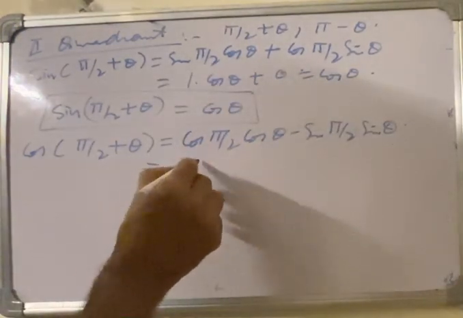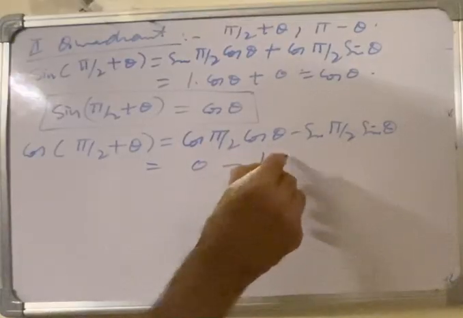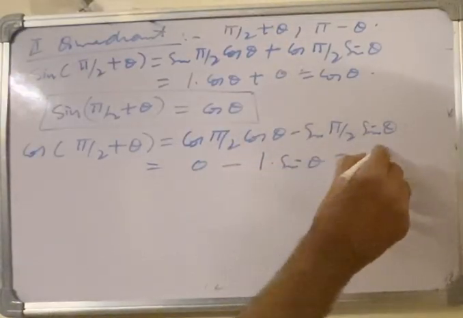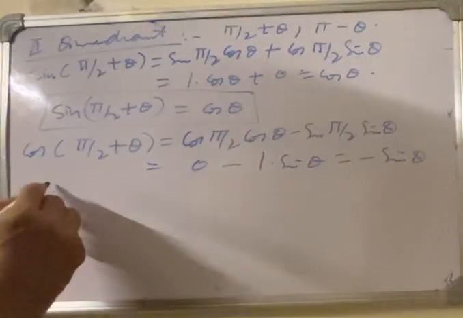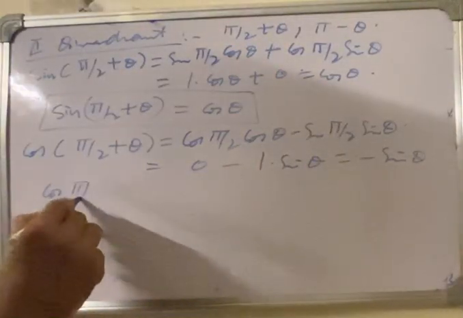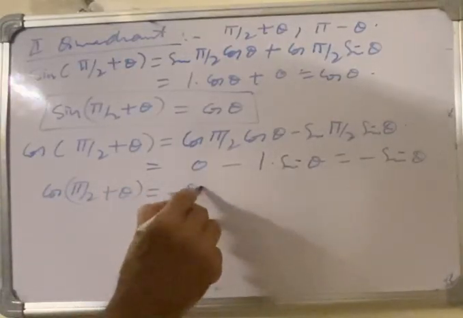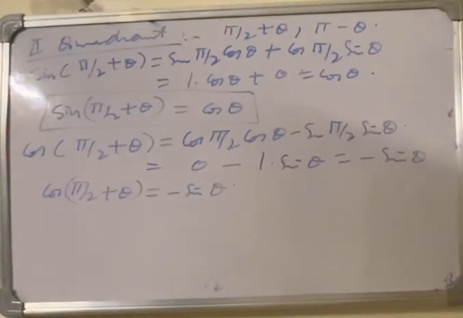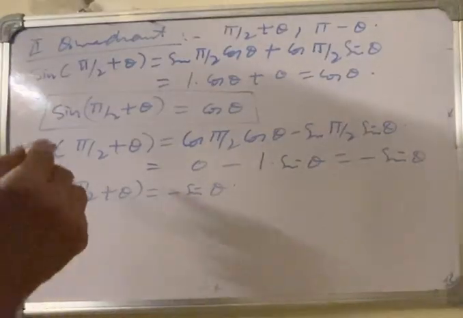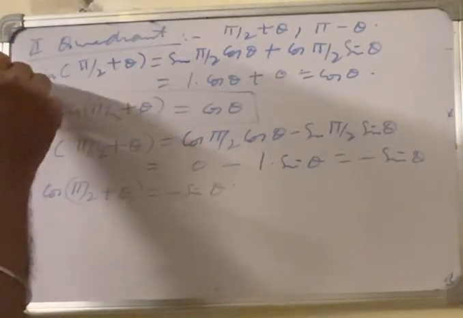Cos pi by 2 is 0, minus sine pi by 2 is 1 into sine theta, which is equal to minus sine theta. Therefore, cos of pi by 2 plus theta is equal to minus sine theta. Now as we have done in case of pi by 2 minus theta, exactly in the same way we can find this.